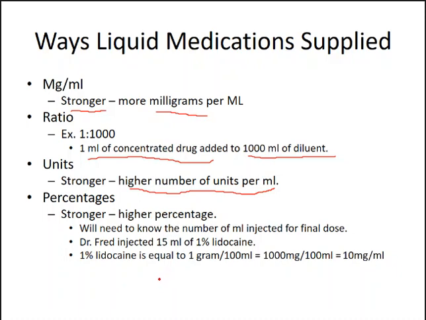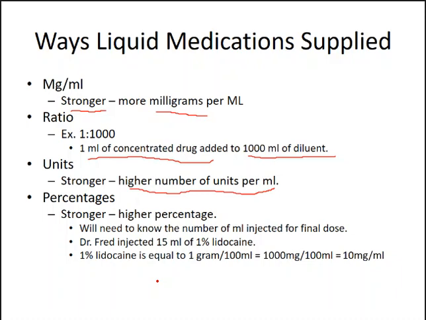And then percentages, we use percentages a lot with our local anesthetics. And these are easier to discuss as a percentage versus how many milligrams that we're injecting. And essentially a 1% is 10 milligrams per milliliter, but we're not really going to look at it that way.